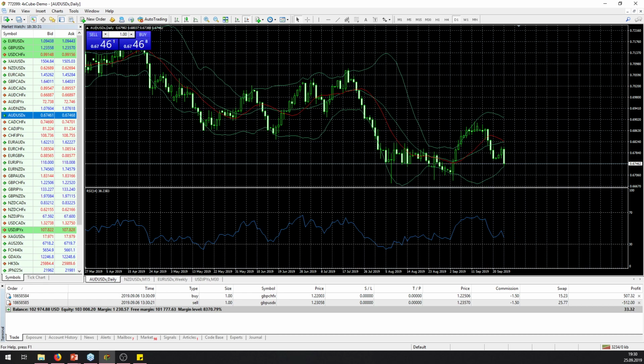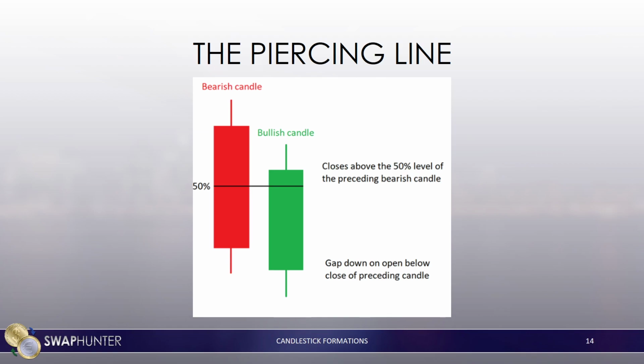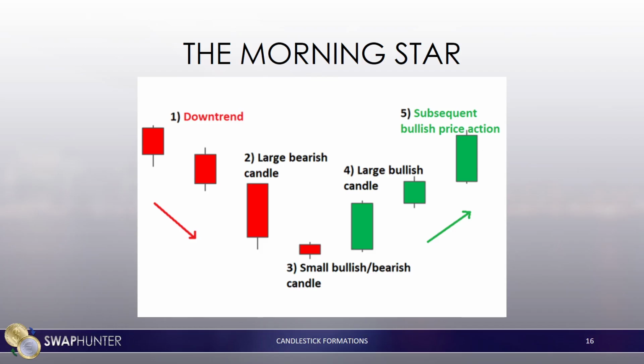Let's move on to our next pattern, which is called the Morning Star. The Morning Star pattern is a 3-candle bullish reversal pattern that appears at the bottom of a downtrend.